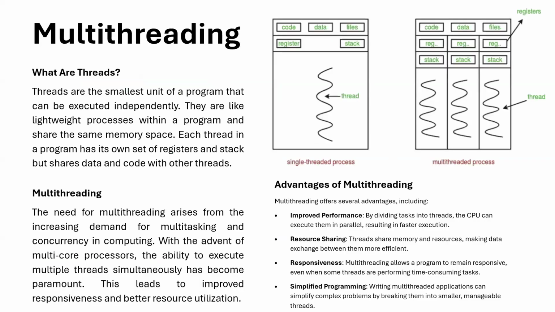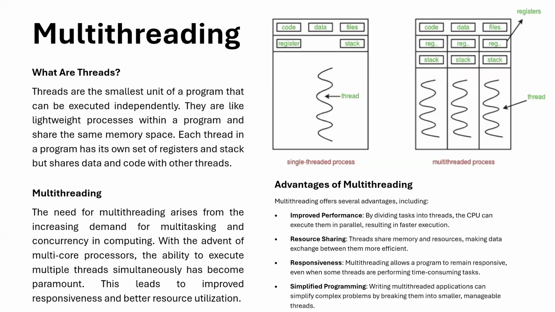Now let us talk about, I promised that we're going to talk about threading as well. Ladies and gentlemen, what is threading? Threads are the smallest unit of a program, just like you have bits in the measurement of information.